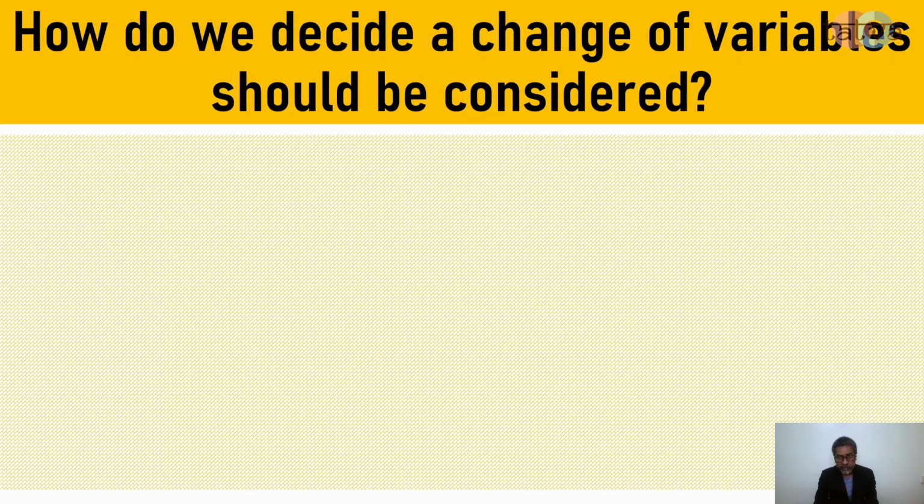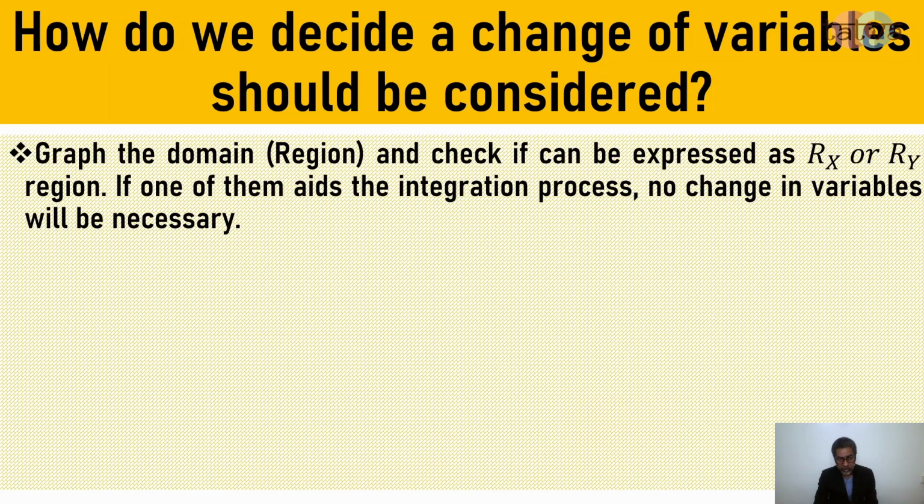How do we decide whether a change of variables is necessary? The first guideline is draw the region. You grab the domain and check if it can be expressed as an Rx region or an Ry region. So once you have heard the Rx and Ry region concept, then it's very easy to understand whether you should go for a change of variables or not.